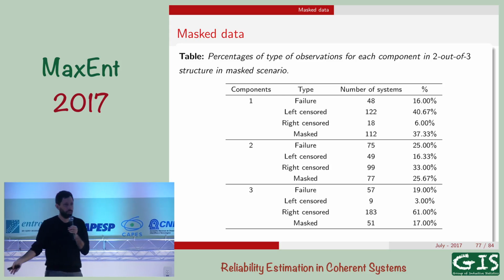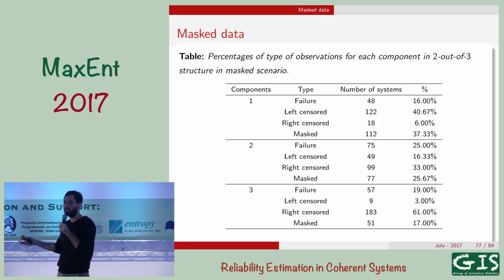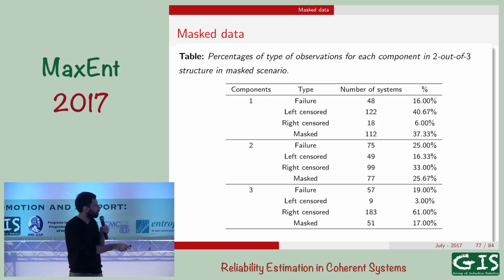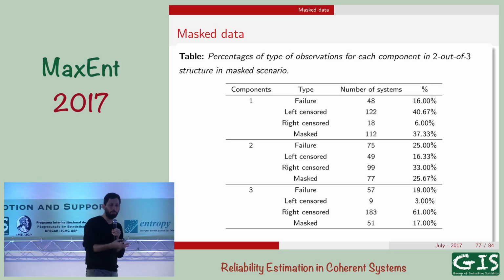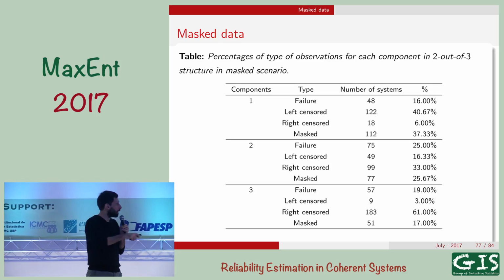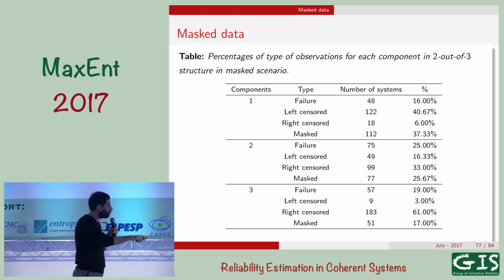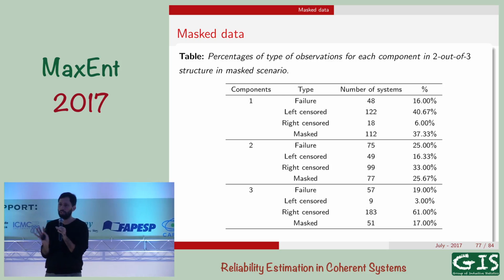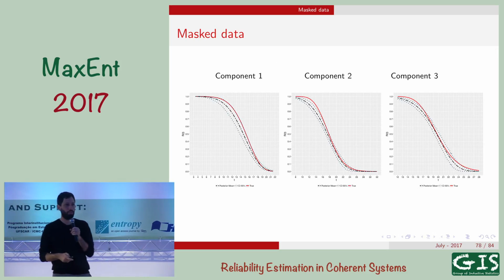And of all of this, only 16% or 25% or 19% is observed, and there is a lot of missing information. Sometimes the missing information is the type of sensor, sometimes I don't even know what I am missing. I just know a piece of all of this.